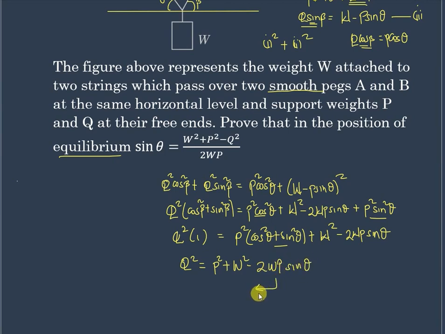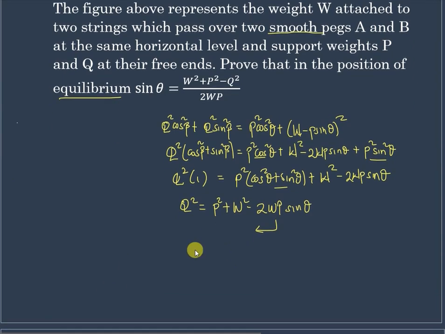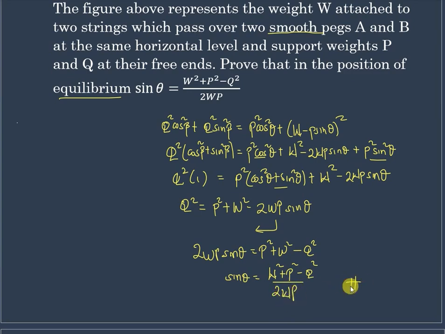Take this one to the left, you will have 2WP sine theta equal to P squared plus W squared minus Q squared, such that sine theta, I can just write the proof. It is W squared plus P squared minus Q squared divided by 2WP, and that is as required. That is what you are supposed to do.